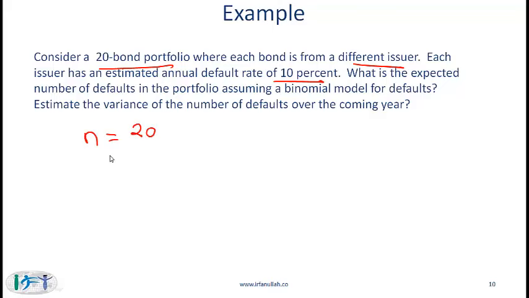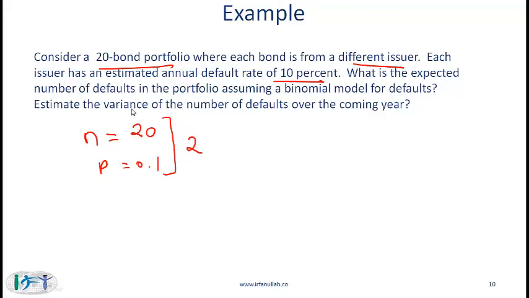The probability of a default is 0.1. We are asked what is the expected number of defaults. So the expected number of defaults would simply be the product of these two numbers, which is 2. Now this seems a little awkward, but here we are actually defining the default as a success just because of the way the question is worded. So the expected value is 2.